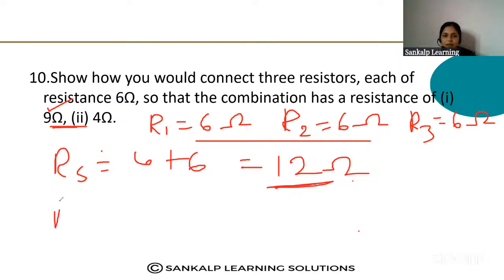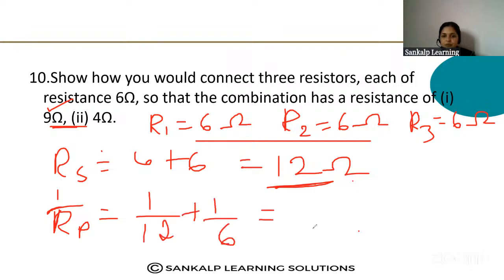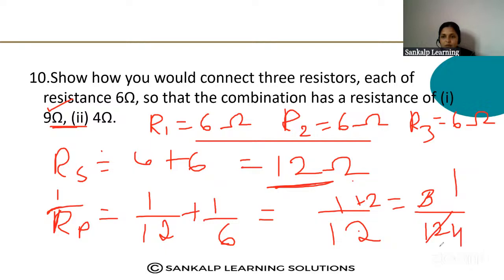So I will apply 1 by Rp is equal to 1 by 12 plus 1 by 6. Okay. So here 12 divided by, 1 plus 2, that is 3 divided by 12. 3 fours are 12. So Rp is equal to 4 ohm. So the second condition is also done.